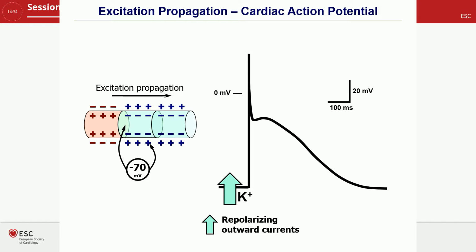This cell is still resting, and you have an intracellular electrode and an electrode outside, and you can measure in the resting conditions a negative membrane potential. That means the cell internally is negative, and outside you have a positive potential. This is the so-called resting membrane potential, which is mainly mediated via potassium channels during the resting phase.